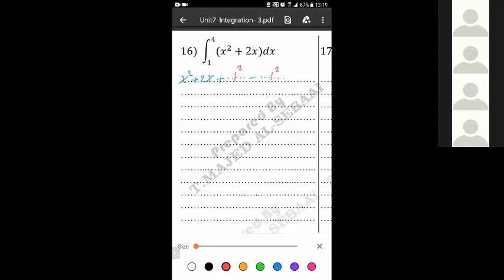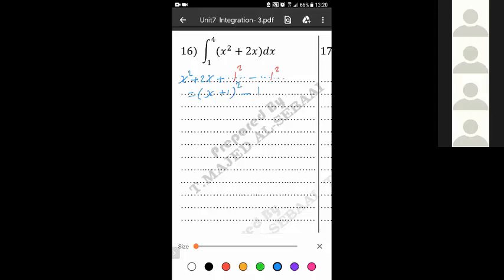Completing the square. You remember that? Firstly, mathematically, it's correct to add and subtract the same thing. So what is the benefit? The benefit is that this will be equal to x plus 1 all squared minus 1.